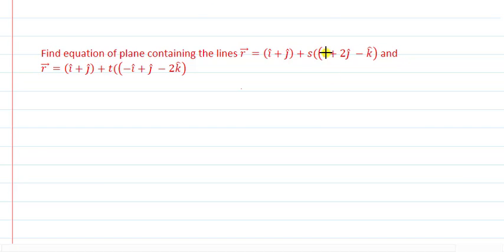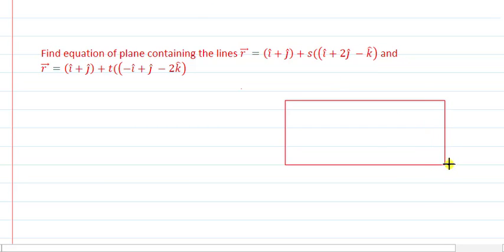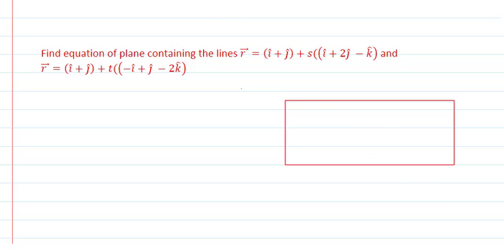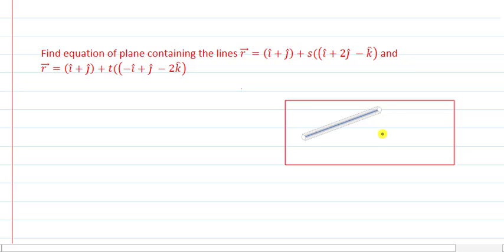Here is the plane, and let two lines be in the plane. One is this and the other is this one. So these are the two lines in the plane. Let me say this is L1, the line given, and this is L2, this line L2 is also given to us. These are in the plane.